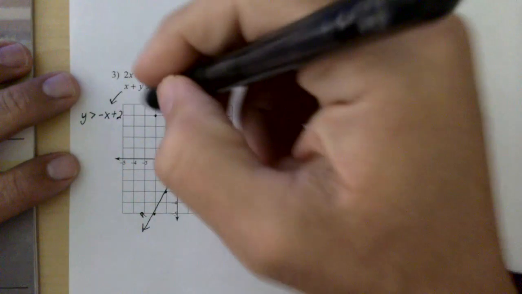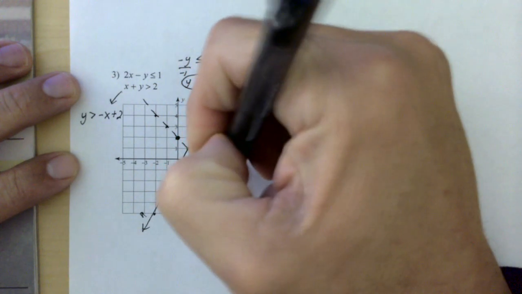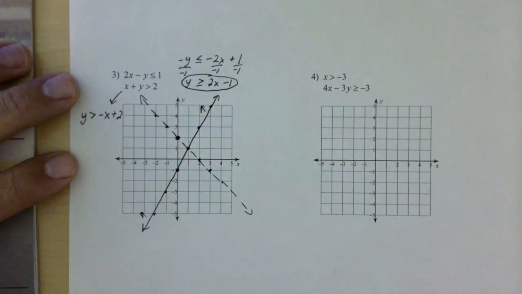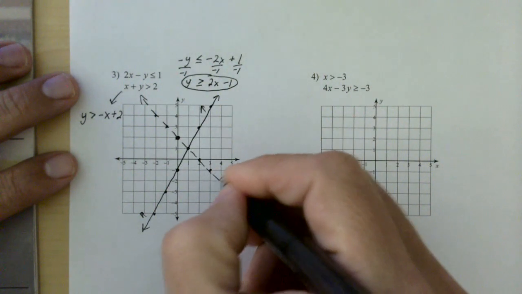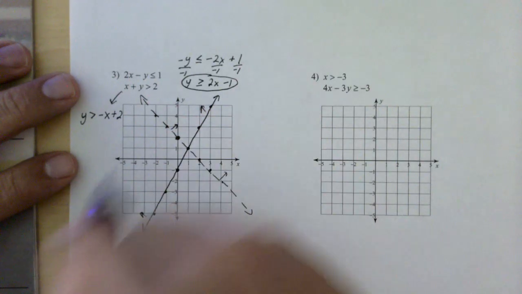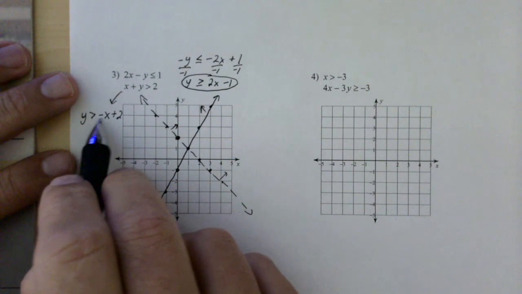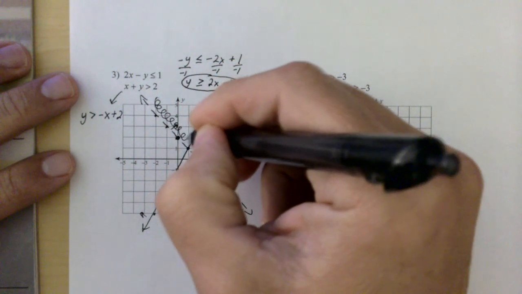But now, make sure you realize you have to do a dotted or dashed line. Since it's greater than, we're going to be above this dotted line. So we need to be above both, actually. Above the solid, above the dotted, which means we have this region to shade.